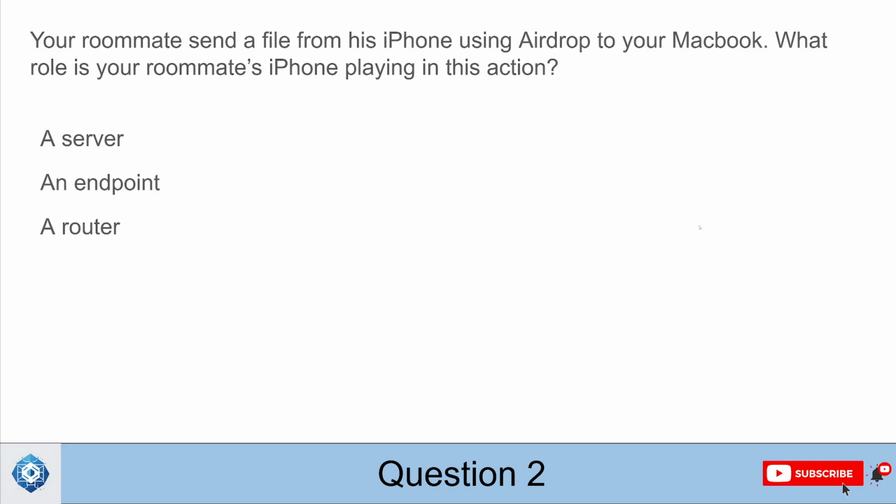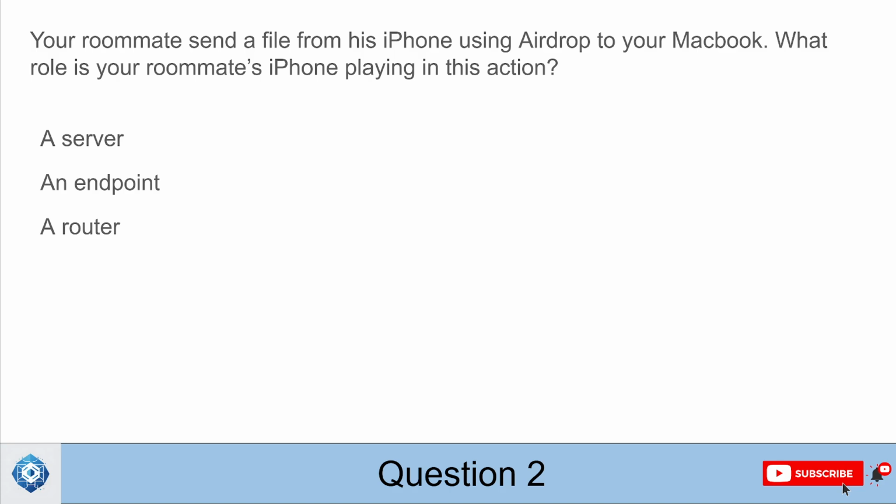So the first one we can eliminate is a client. Now, a client is just going to be what is receiving any of the data. It could be anything on a network from the iPhone to the MacBook to a server, really just depending on how it all interacts. A client could really be any device on the network.